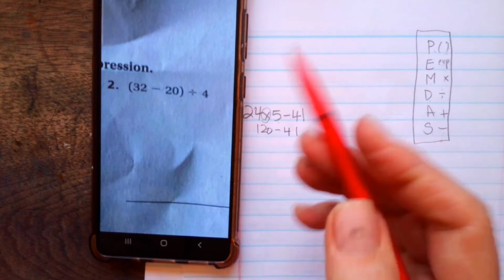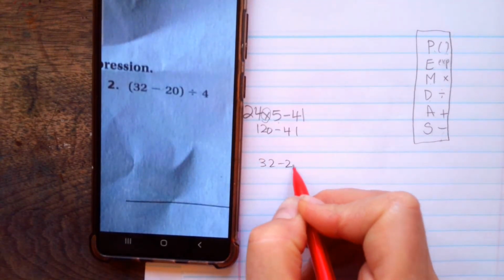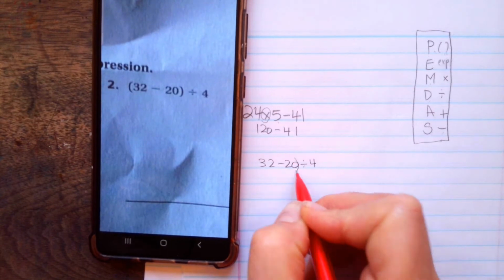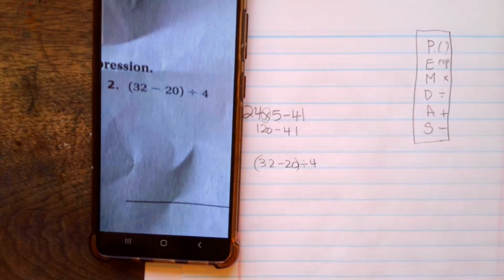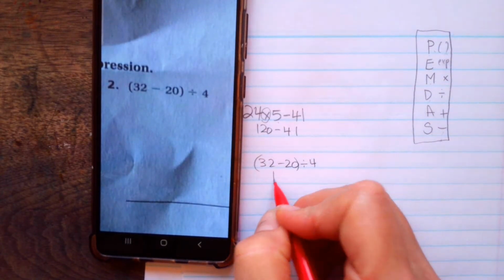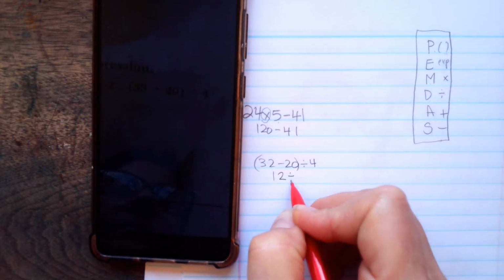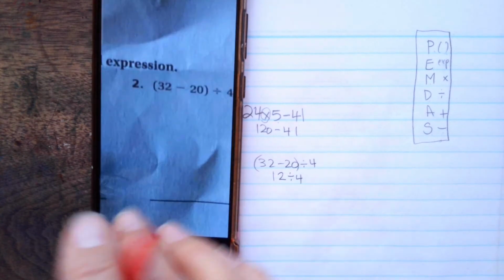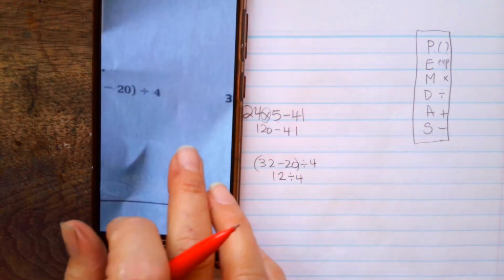So it's 32 minus 20 first because it has parentheses around it. So what is 32 minus 20? 12.